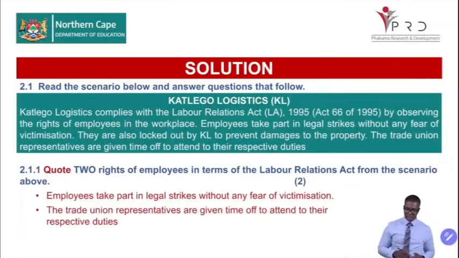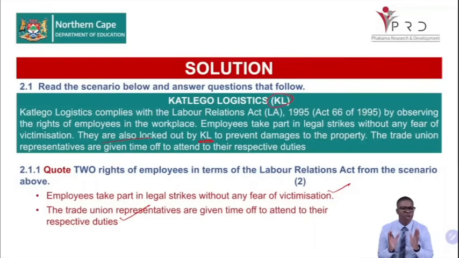So this is your solution. Employees take part in a legal strike, and the trade union representatives are given time off to attend to their respective duties. Hence, I'm saying they are also locked out by KL, which is Katleho Logistics, cannot be correct. Why? Because this is the right of the employer. In this regard, who is Katleho Logistics? The business.